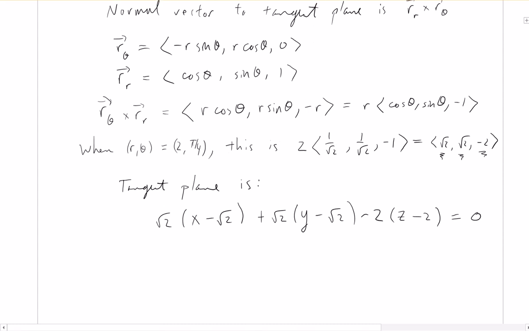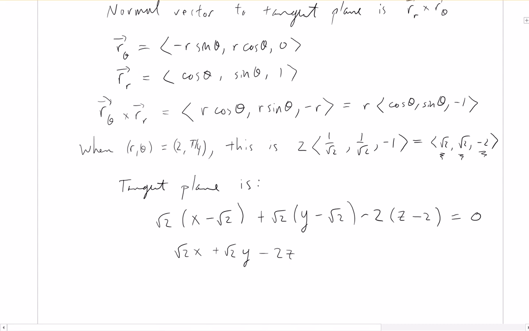And so technically we're done here. This is a perfectly good equation for the plane, but it turns out it looks a lot simpler if we multiply things through. So we get square root of 2 x plus square root of 2 y minus 2z.